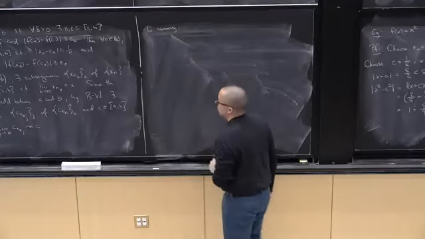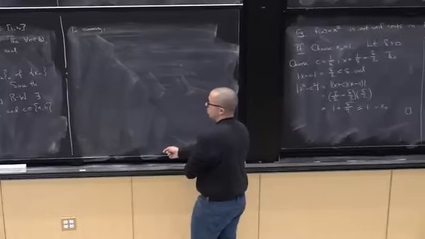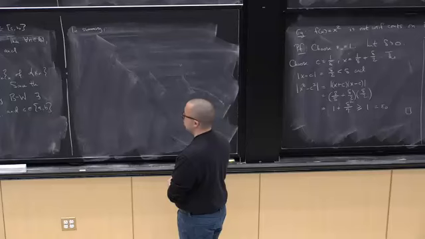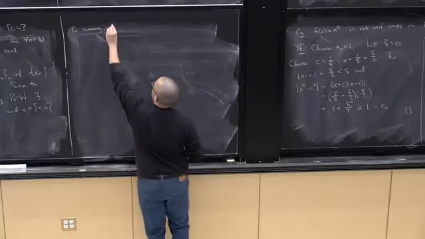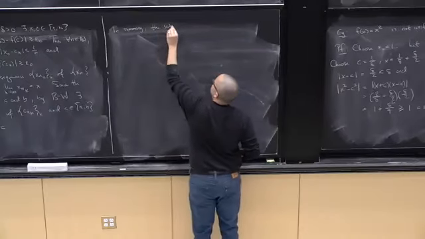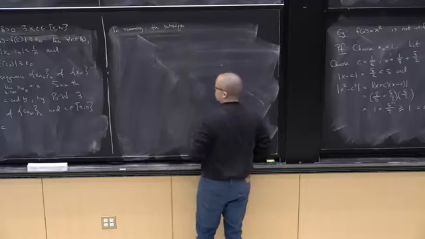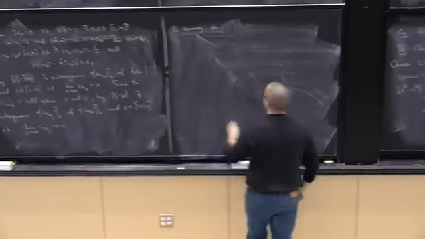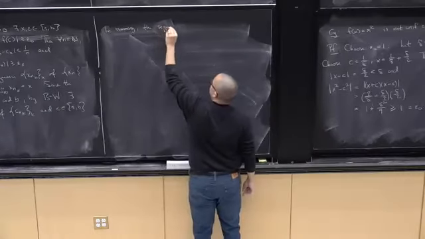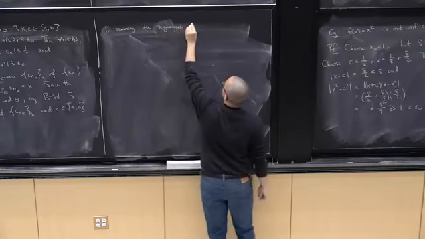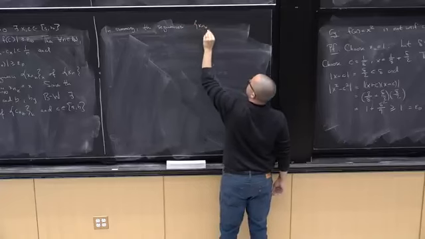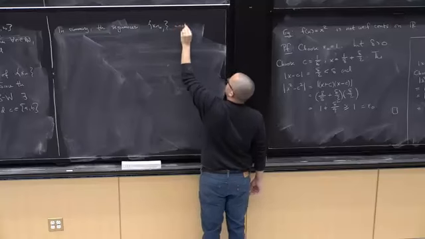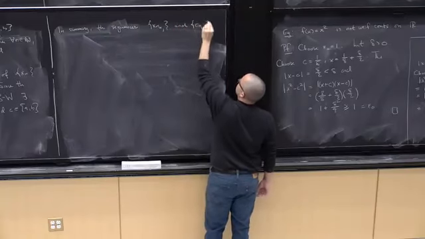In summary, the sequence is x_{n_{k_j}}. So now this is even a subsequence of x_{n_k}, and c_{n_{k_j}}.